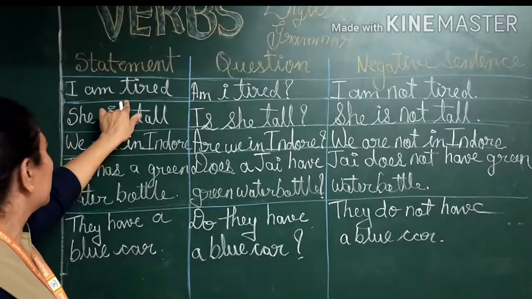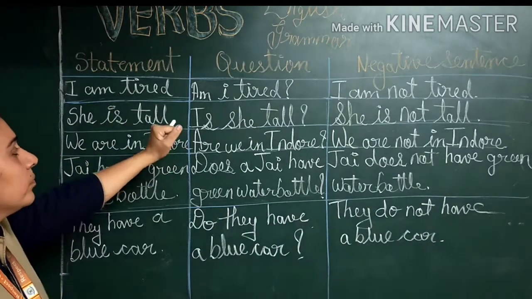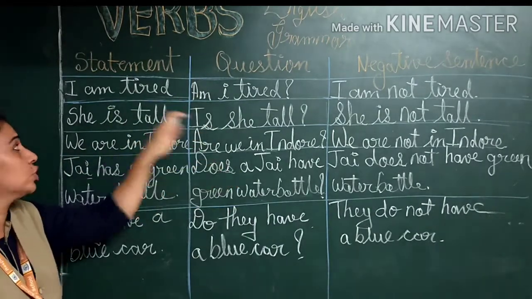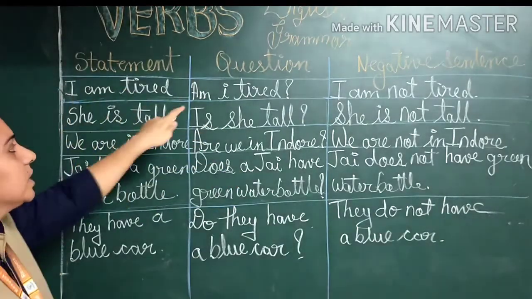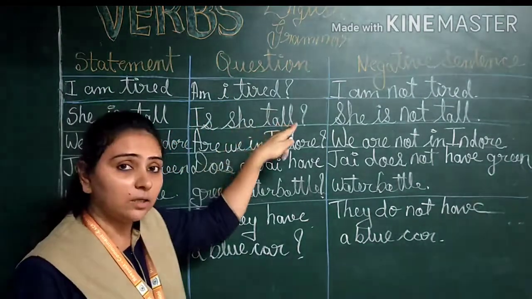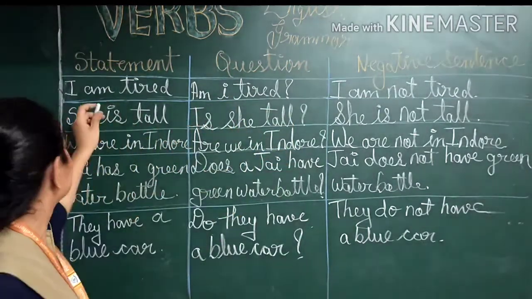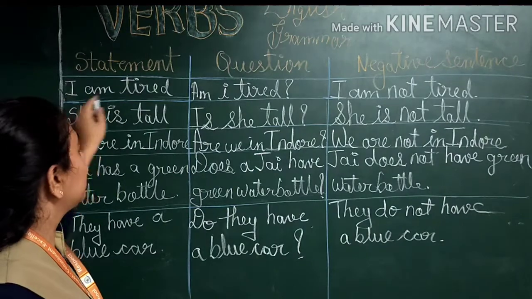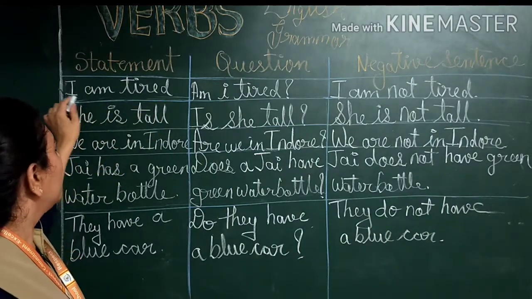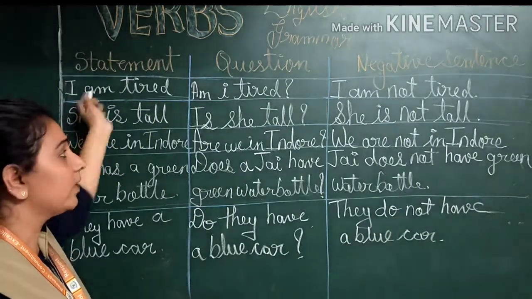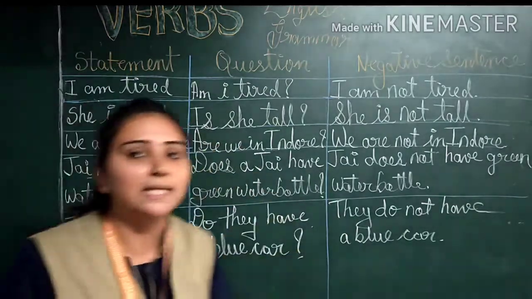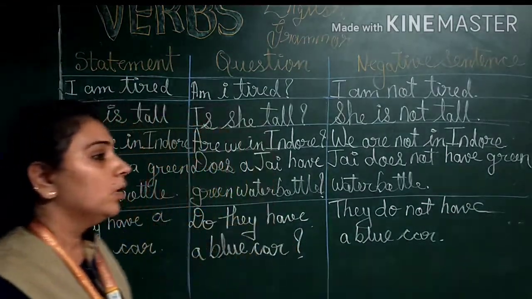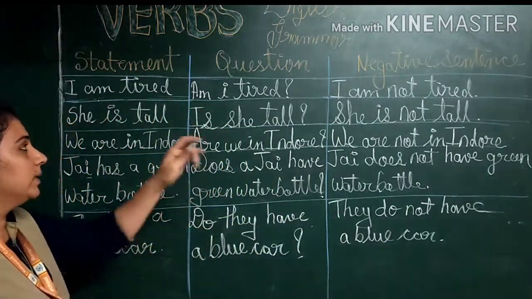So let's revise the sentences. The statement is I am tired. When we have to frame a question, we have to take the verb first. So: Am I tired? And the negative of it, as I have told you: I am not tired. When we are writing a negative sentence, we use the negative word after the verb.